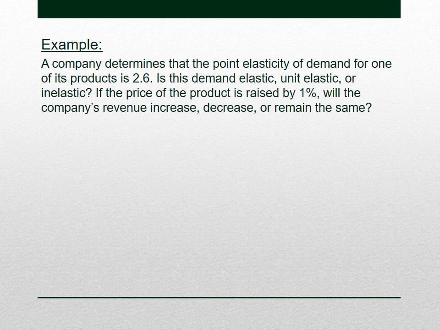An example says a company determines that the point elasticity of demand for one of its products is 2.6. Is demand elastic, unit elastic, or inelastic? Well, based on our last slide, 2.6 is greater than 1, so demand is elastic.